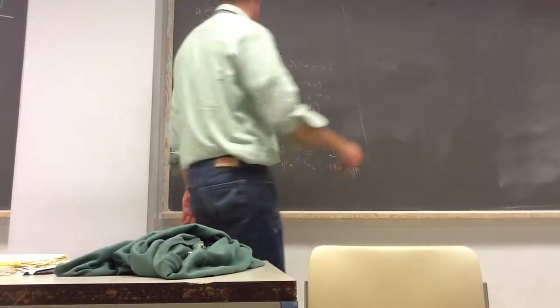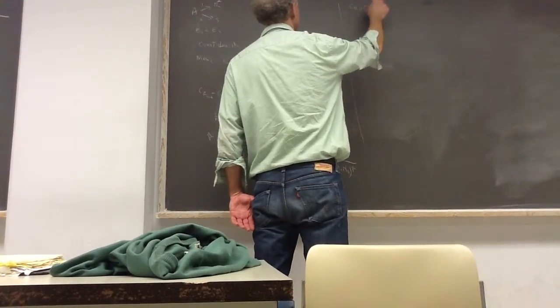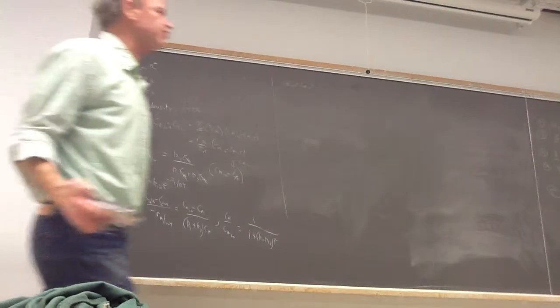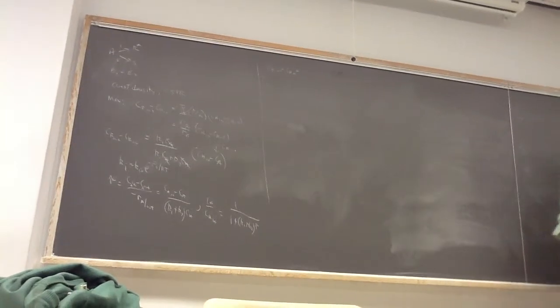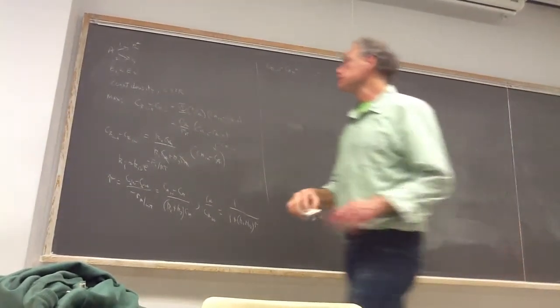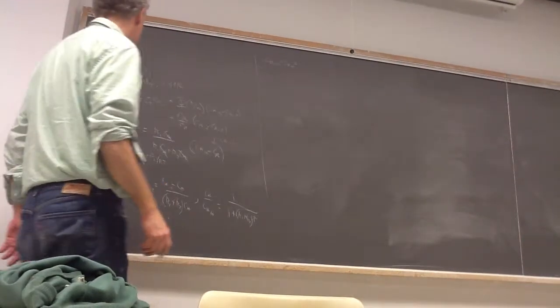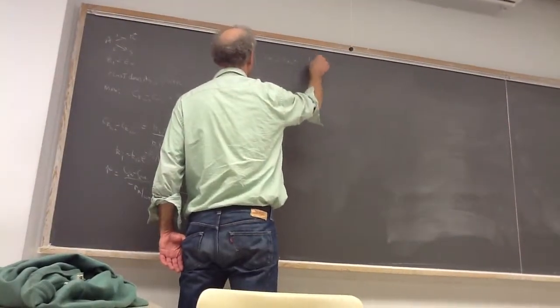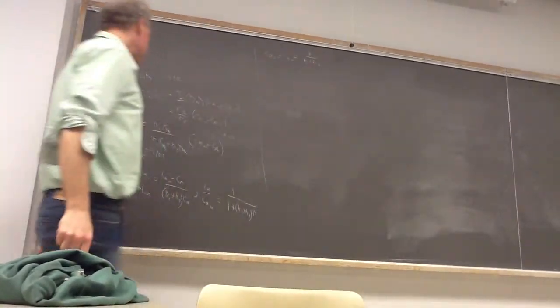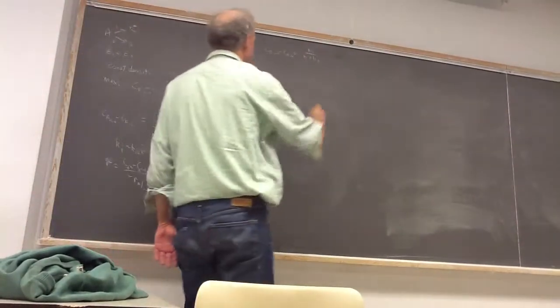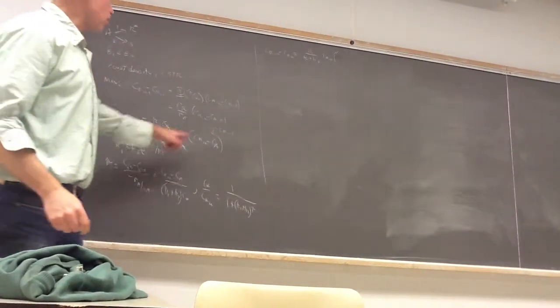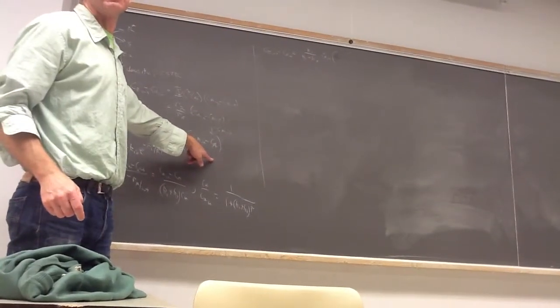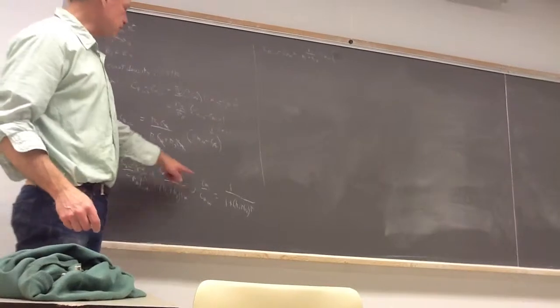So CR out minus CR in is equal to K1 over K1 plus K2, times CA in, times 1 minus CA out over CA in.